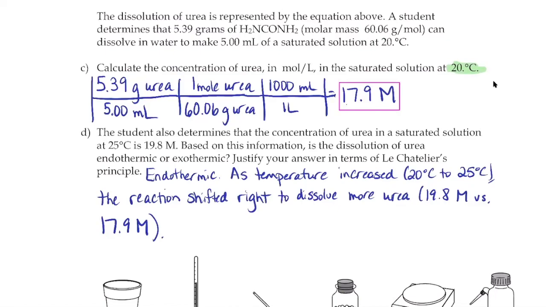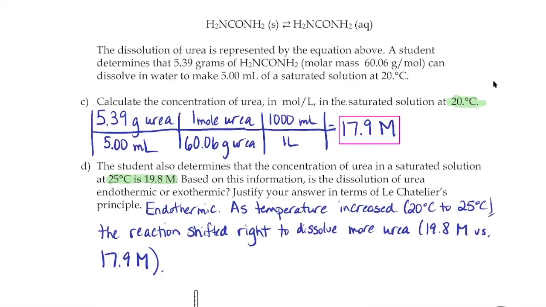When you look at part D, it tells you that at 25 degrees, the saturated solution, the molarity goes up. So we're trying to figure out here, when we're dissolving that urea and changing from, if you look at the top of the screen there, solid on the left, aqueous solution on the right, as written that way, is it endothermic or is it exothermic based on this new information?